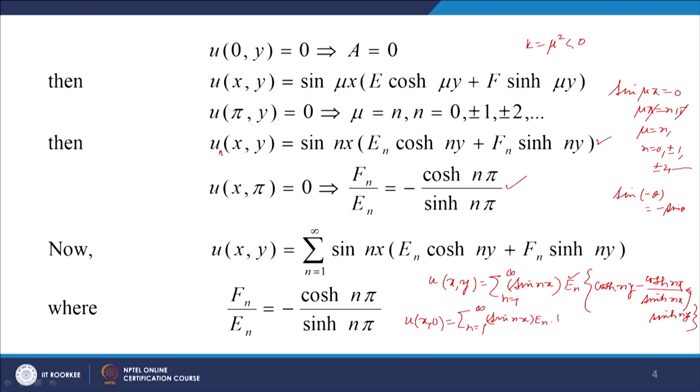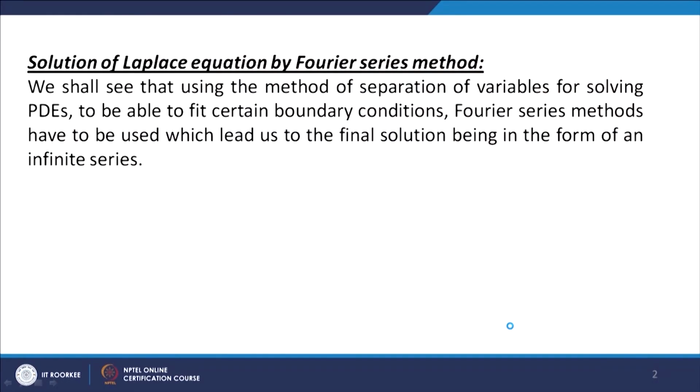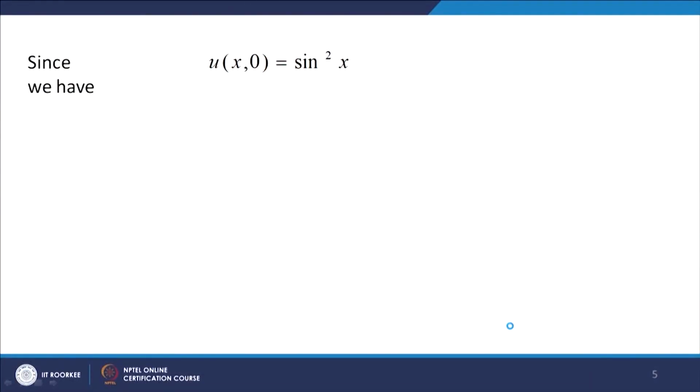So, we have u(x, 0) is sin squared x. So, the integral over 0 to π of sin squared x into sin(mx) dx equals the sum from n equal to 1 to infinity of the integral from 0 to π of sin(nx) sin(mx) dx, multiplied to E_n.